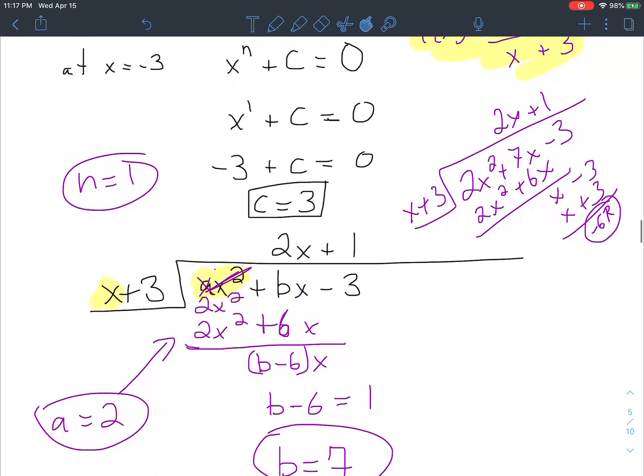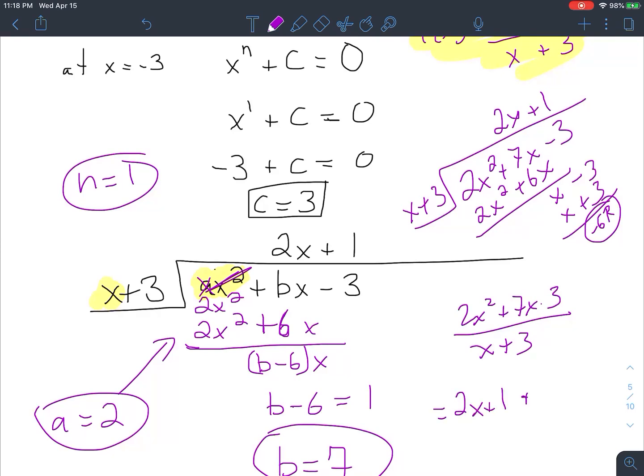We have a remainder of -6. If you look here, we have a remainder of -6. Okay, so that means that it's going to be a little bit less. So you're going to say 2x squared plus 7x minus 3 over x plus 3 is actually equal to 2x plus 1 plus -6 over x plus 3.